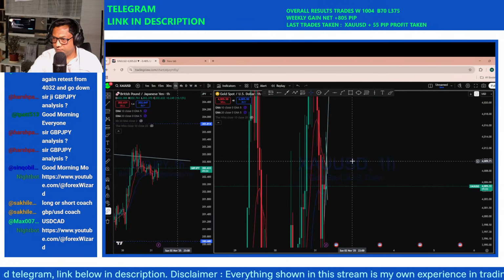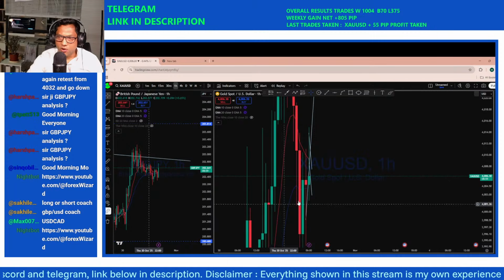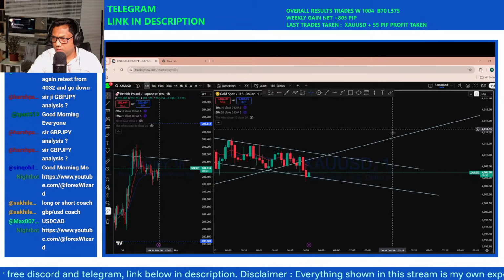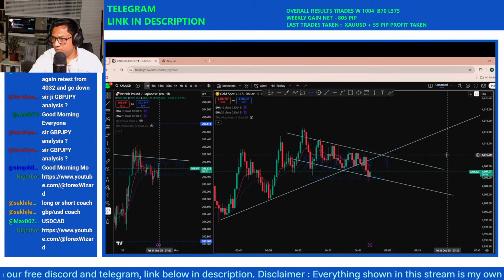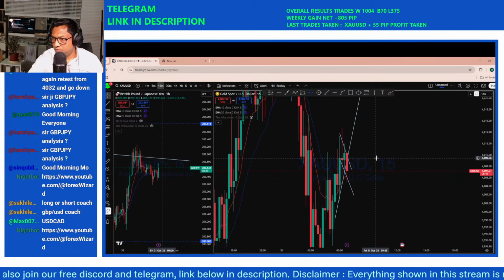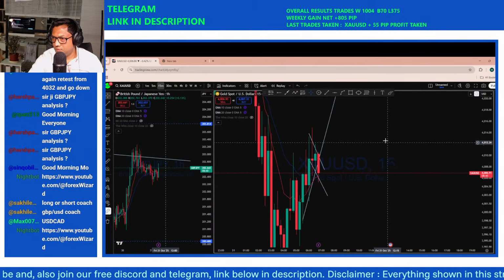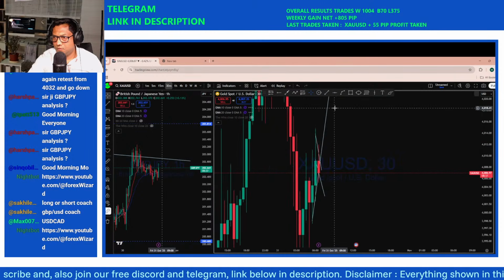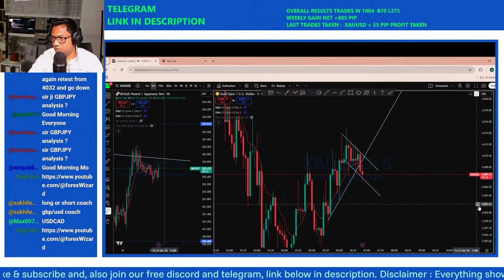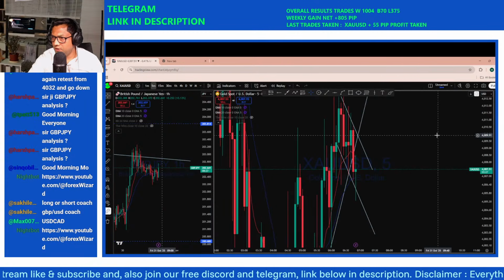And as the 1 hour candle is closing, getting some rejection from this lower price here to the upside.